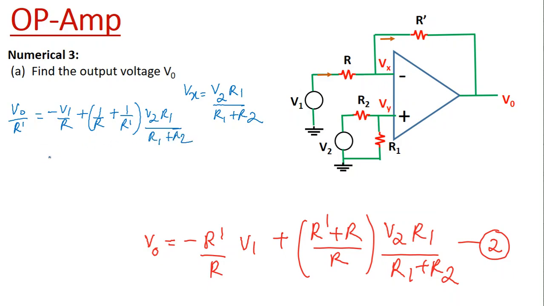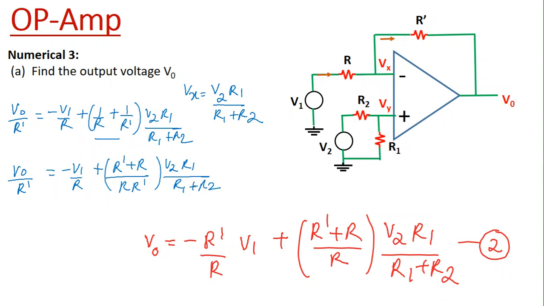Now we find out LCM of this equation. So we get Vo by R dash is equal to minus V1 by R plus (R dash plus R) divided by R into R dash into V2 R1 divided by R1 plus R2. Now we shift this R dash or cross multiply here. So we get Vo voltage.